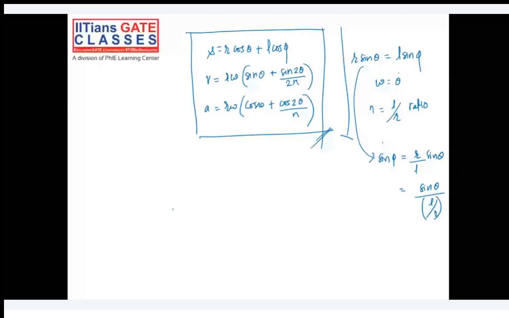In that case some force is exerted on the piston. Let's say the area of the piston is A, and on that area some force is applied, so it will create some pressure, and ultimately that pressure makes the piston move in the downward direction, and we call it a power stroke.